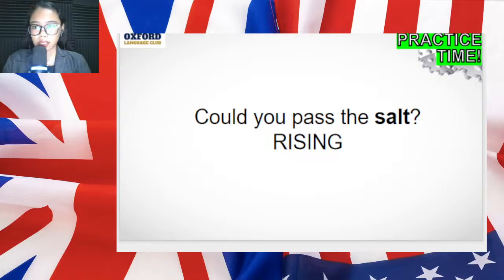Let me try inserting some lines, some symbols. For some reason, I cannot draw, but let's move on to another sentence. Again, "Could you pass the salt?" is using a rising intonation pattern.